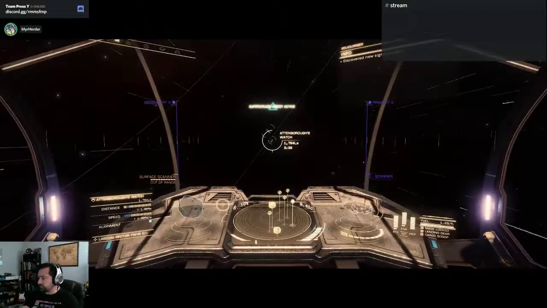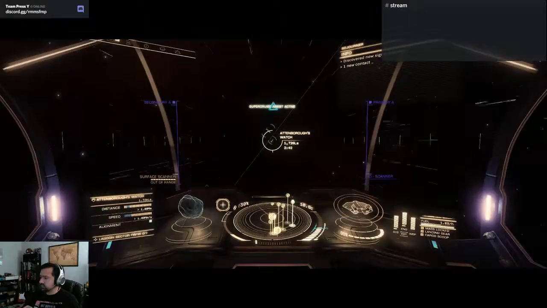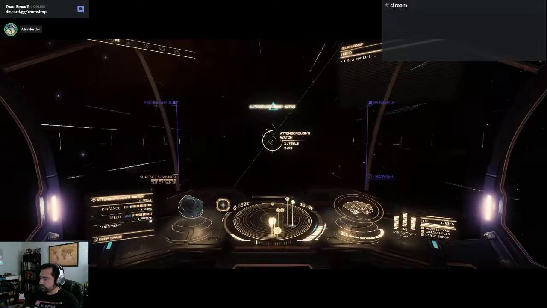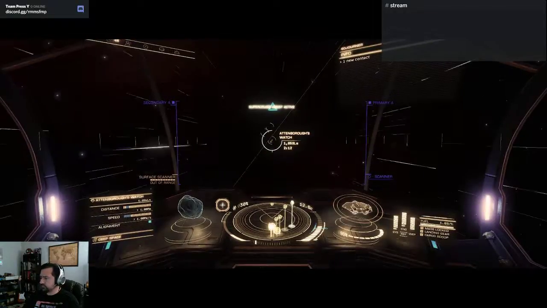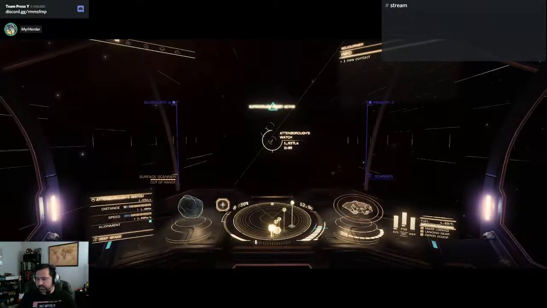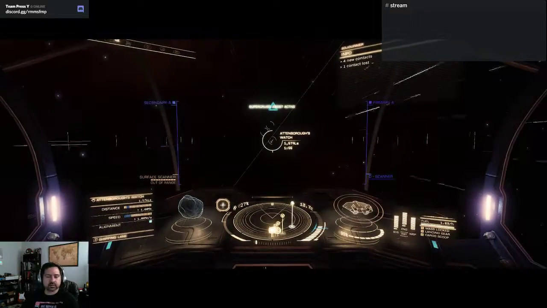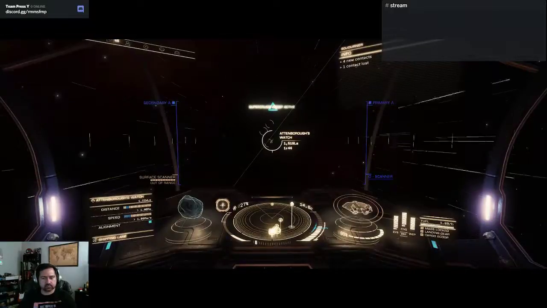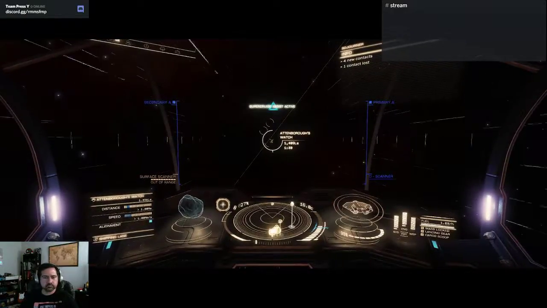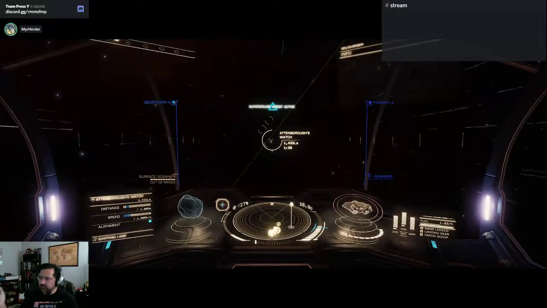There's another one of those cruise control modules I got installed. I line up with the target, pull my throttle down to 50%, and the computer takes over. It'll speed up and slow down as we get close. It'll drop us out of warp once we're within reasonable range, which is like 1,000 kilometers. You can see the yellow line streaking across the screen.